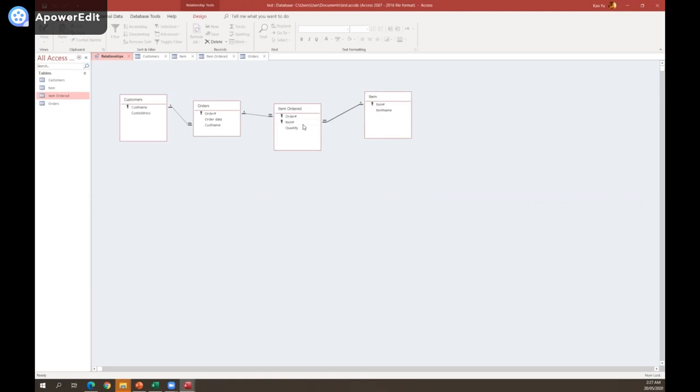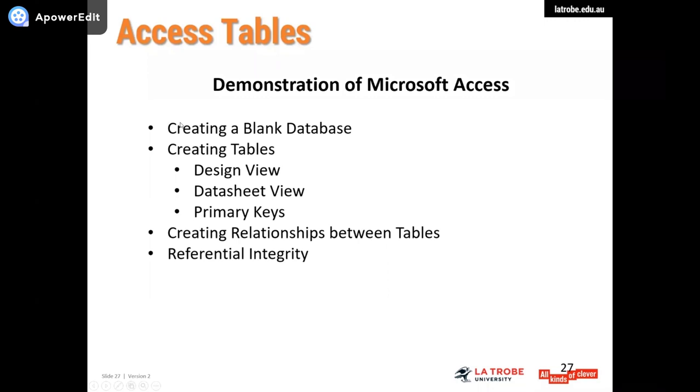So now let's go back to the slides. I have demonstrated how to create a blank database, how to create a table, with different design view and datasheet view, and how to set up primary keys, and also how to create relationships between different tables, and how to enforce referential integrity.